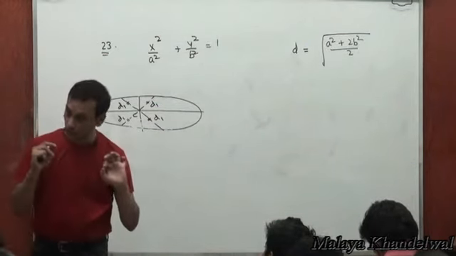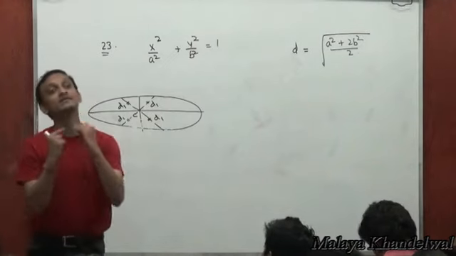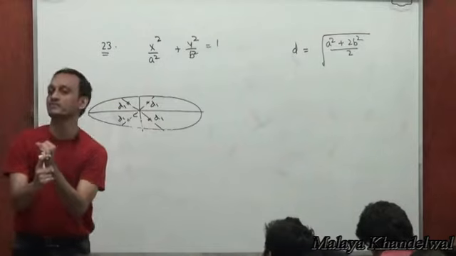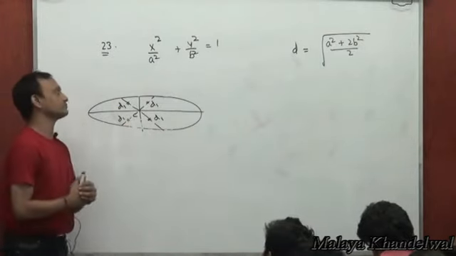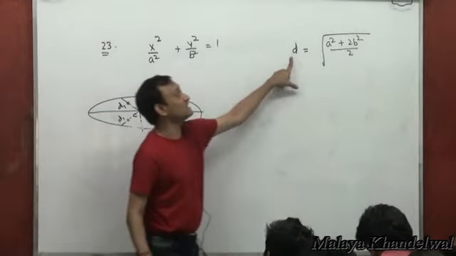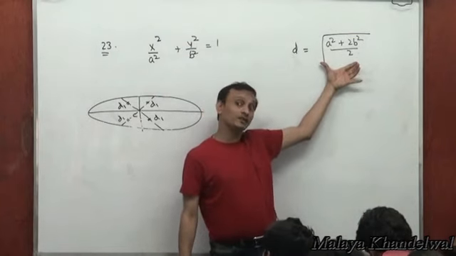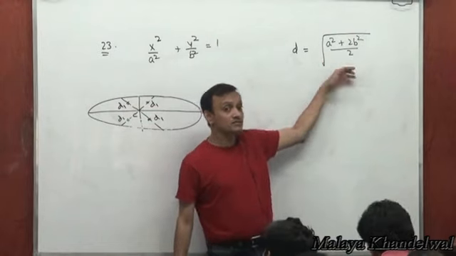If someone says that there are only 2 points that are at a distance d1 from the center, then those 2 points will have one of the 2 possibilities. Either they would be at the ends of the minor axis, or they would be at the ends of the major axis, right? Okay. Now the 2 points at a distance d, these 2 points in question, they would either be at the ends of the major axis or the ends of the minor axis, right?